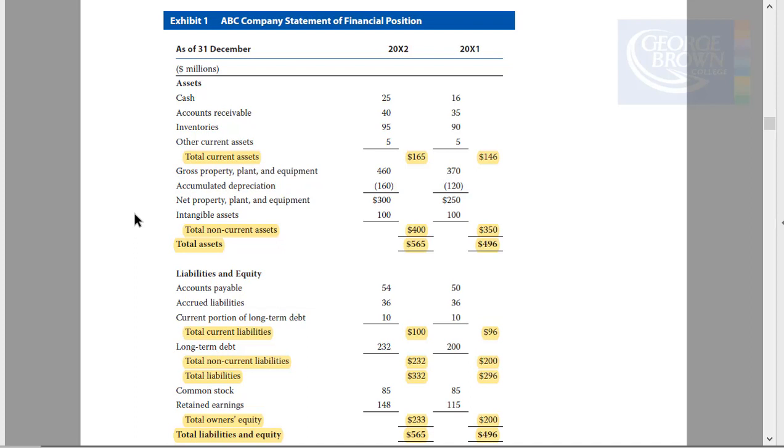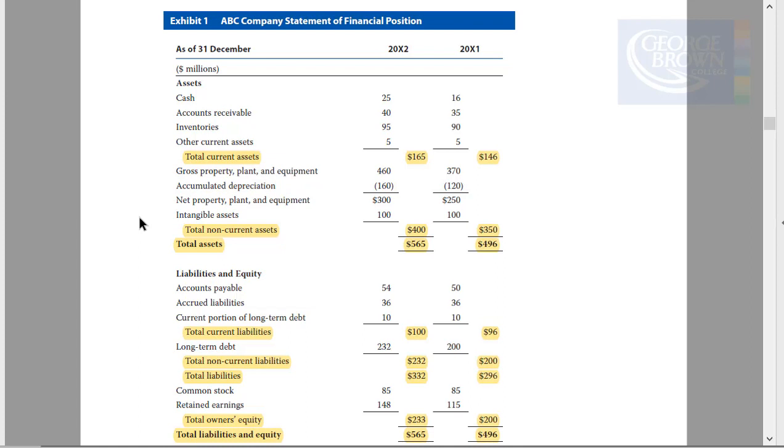Assets are total assets split between current assets and non-current assets. Current assets: cash, accounts receivable, inventories, cash or assets that can be converted to cash in 1 year or operating cycle. Non-current assets: gross property, plant, and equipment minus accumulated depreciation. And here we've got something called intangible assets. These are assets that we can't touch or feel. And so an example would be a patent.